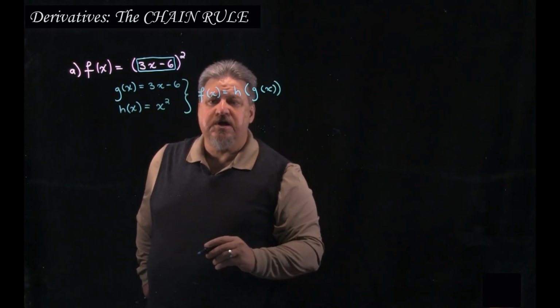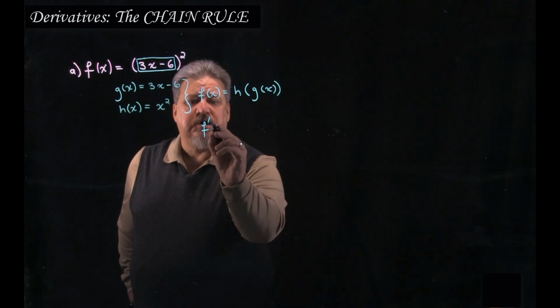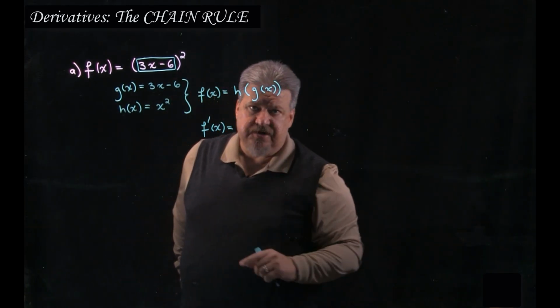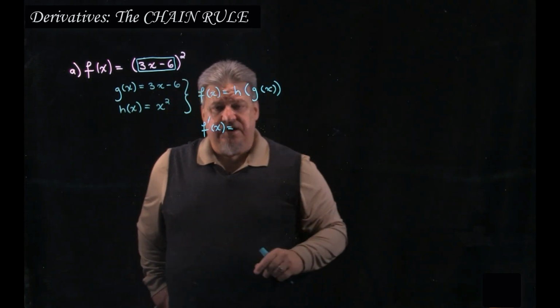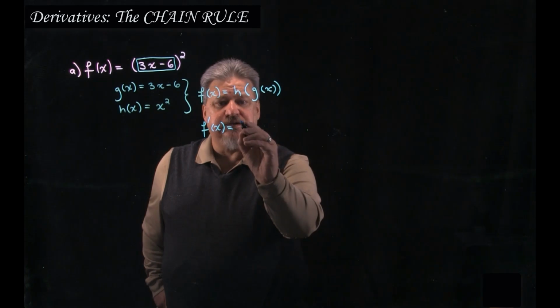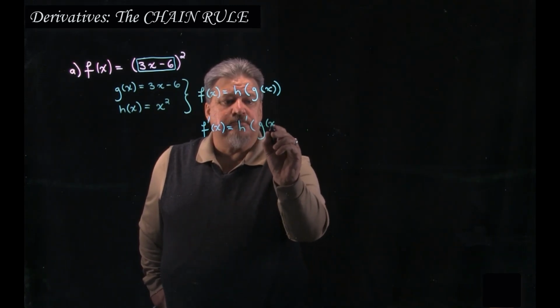Okay. Now the chain rule, I'll illustrate it here. Again, under suitable differentiability conditions, namely h is differentiable at g of x, and g is differentiable at x, then we can compute the derivative of this composite thusly.